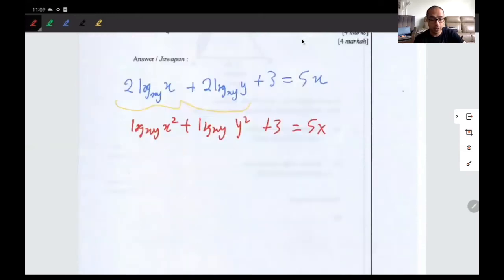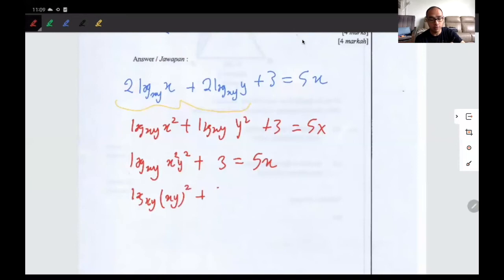Okay, now if I combine these two, I will get log xy x squared y squared plus 3 equals to 5x. Okay, now I'm going to write this as log xy the whole thing squared plus 3 equals to 5x. Kalau saya bawa ini turun ke depan, I'll get 2 log xy plus 3 equals to 5x.